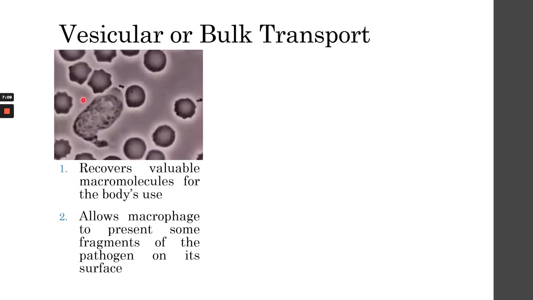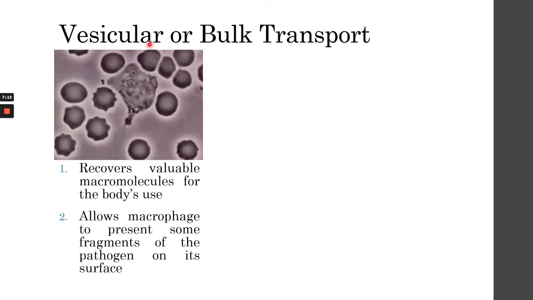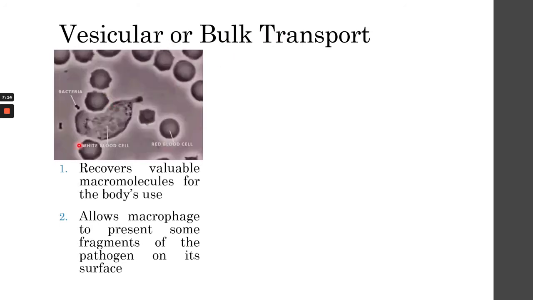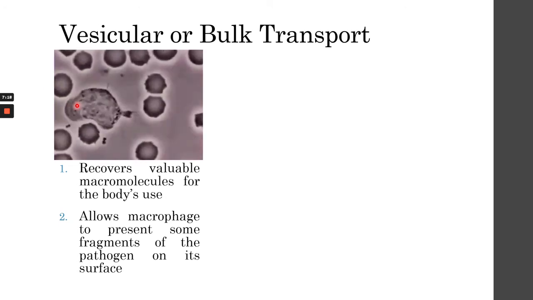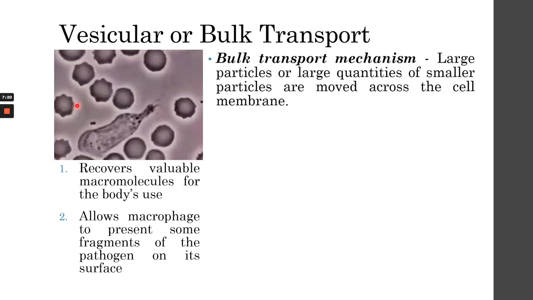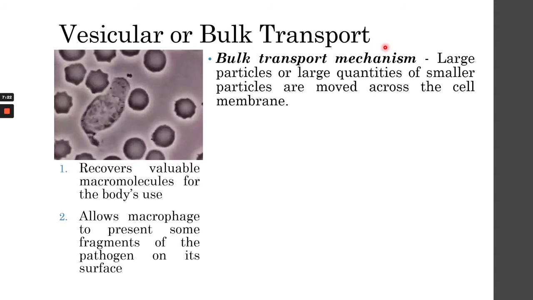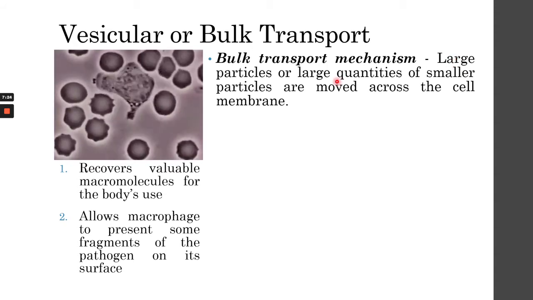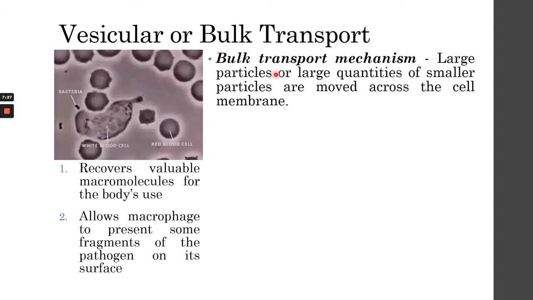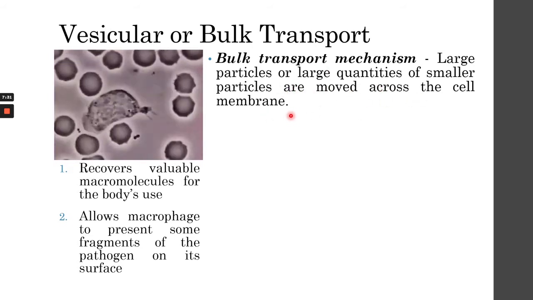So, all of that happens by vesicular or bulk transport, by basically your macrophages engulfing those materials. So that's what bulk transport is. We're basically taking in large quantities or large particles into the cell, where we move it across the cell membrane.